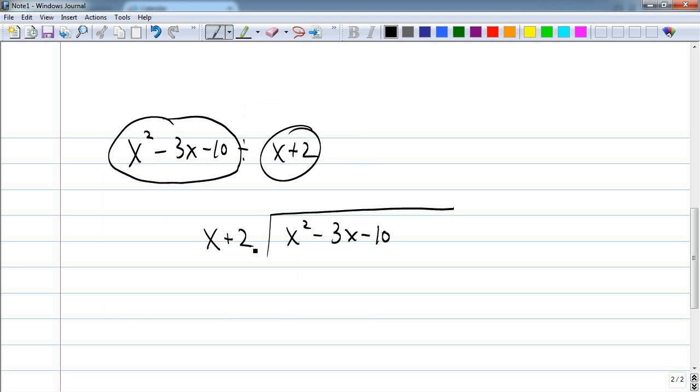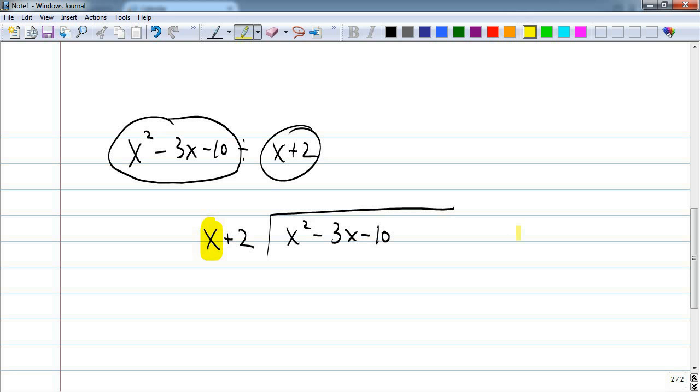Now, here's the process. I'm only focusing on the leading term of my divisor, the term with the largest exponent. All of the other terms are just along for the ride.